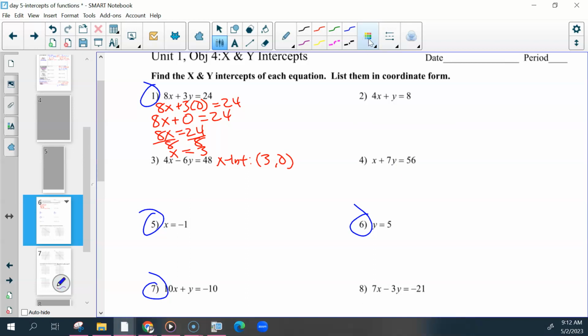Now we're looking for the y-intercept, so we're going to put 0 in for x and solve for y.